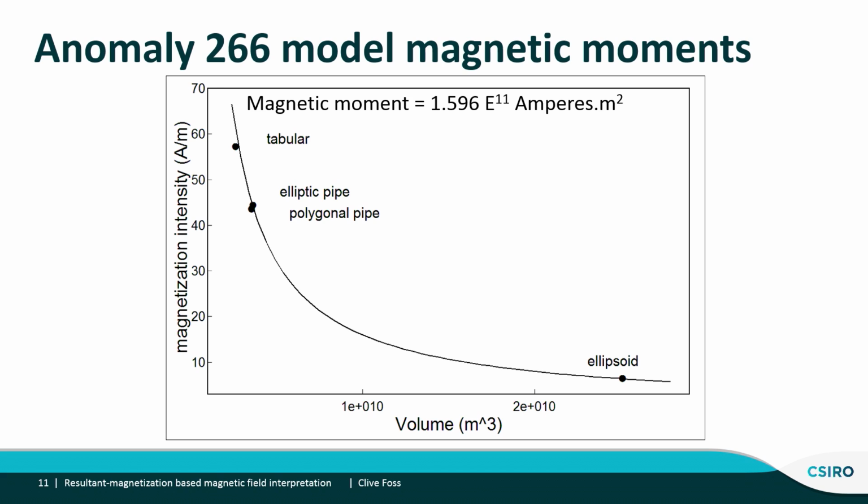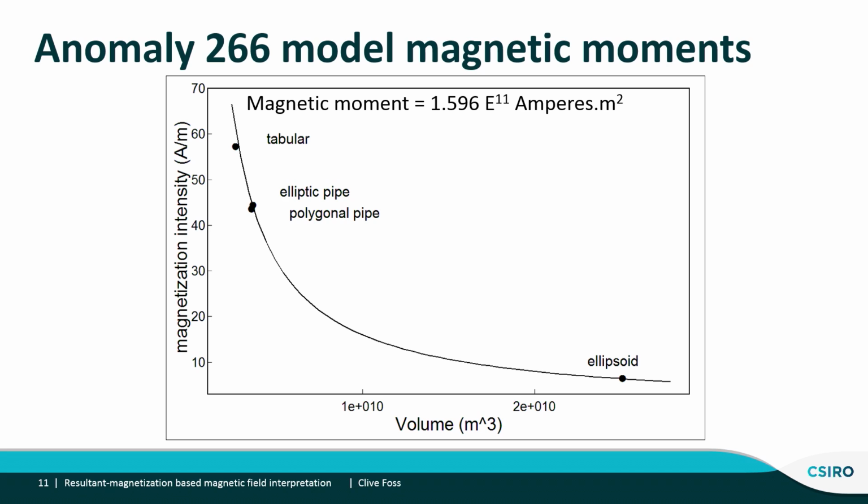Those particular bodies have a range in volume of a factor of about 6, and a range in magnetization intensity of about 6. And we could find other bodies that would extend that range. But if we multiply the magnetization intensity by the volume, those points lie on a common value, which is a measure of the total magnetization of the body.